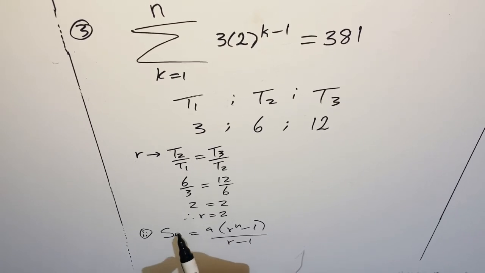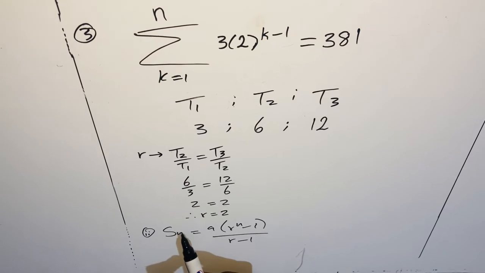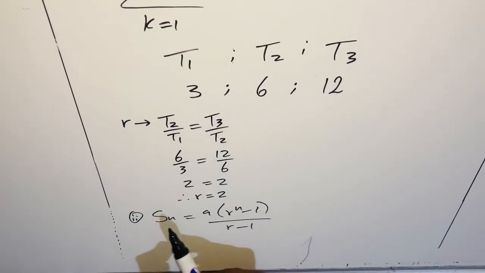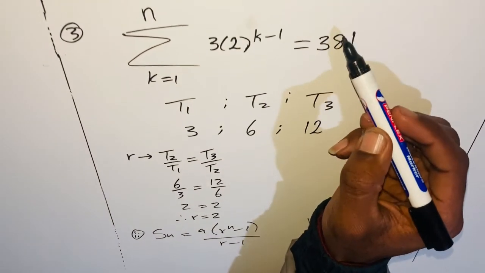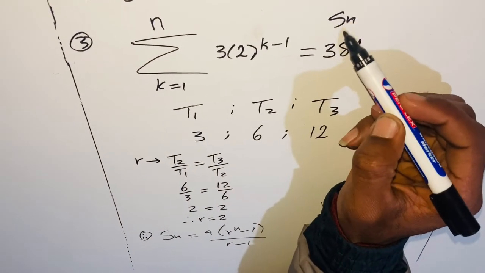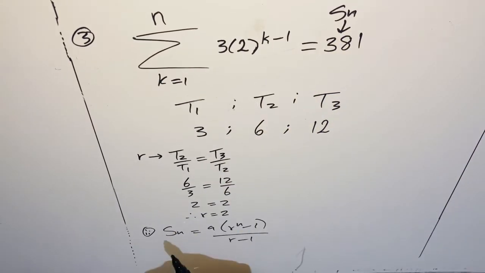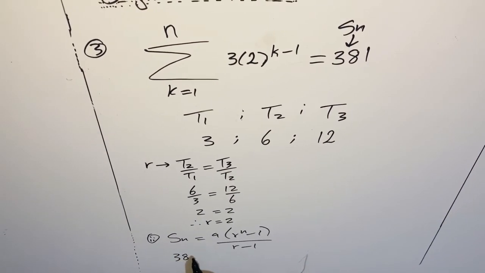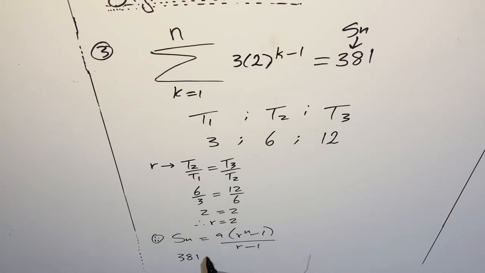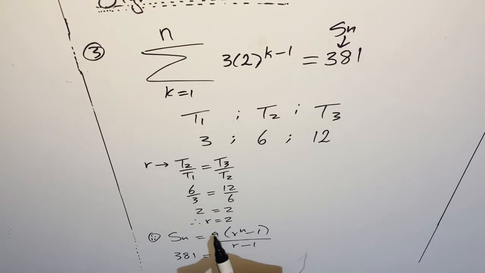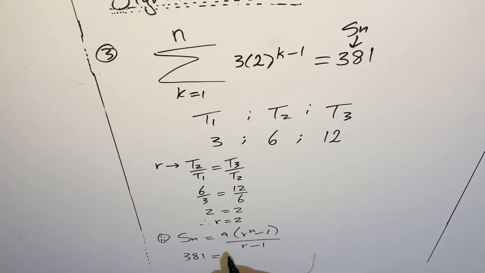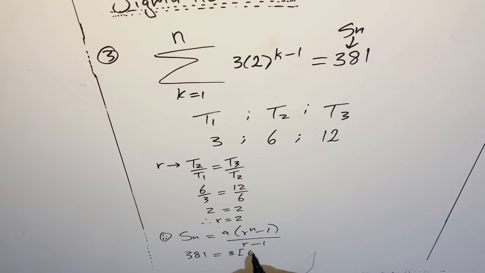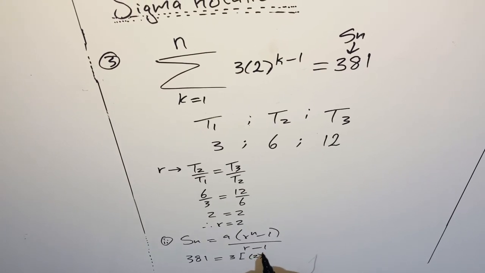where now I need to find my n, meaning that my sum, since it's given there, this is my Sn. Where this Sn, I'll put a 381 is equal to, my first term is given as a 3. My common ratio is a 2.